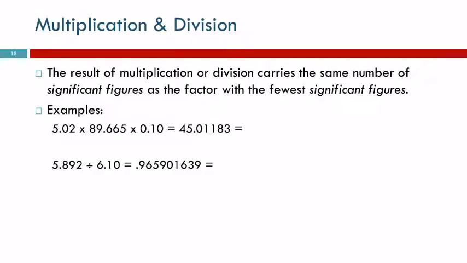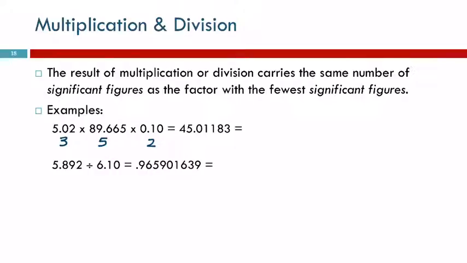So we look at each of the factors. How many significant figures are in the number 5.02? There are 3. How about 89.665? 5. And 0.10? 2. That's the hard part.